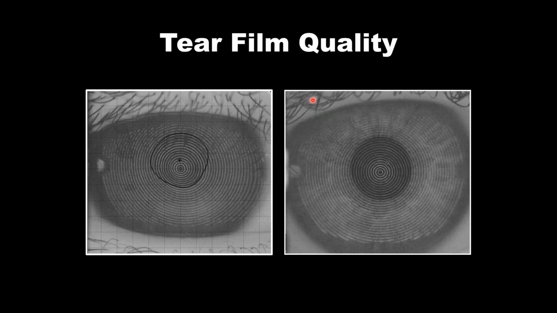Now, another consideration when you're using a reflection-based instrument, a topographer that reflects rings or data points like LED topographers, you need to be able to understand the tear film. What these reflection-based instruments do is they reflect off the tear film and not off the cornea.